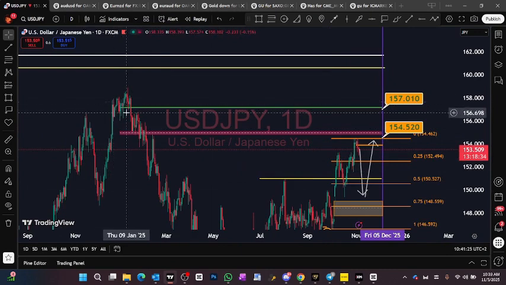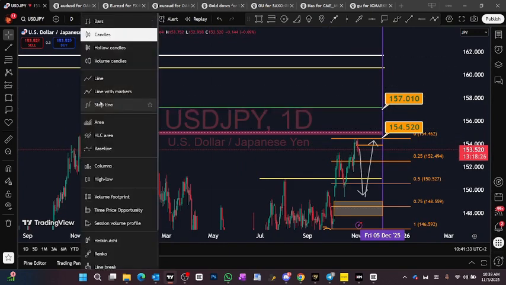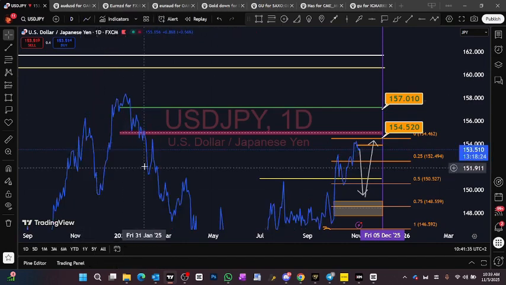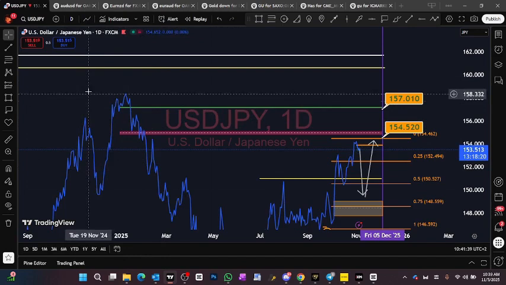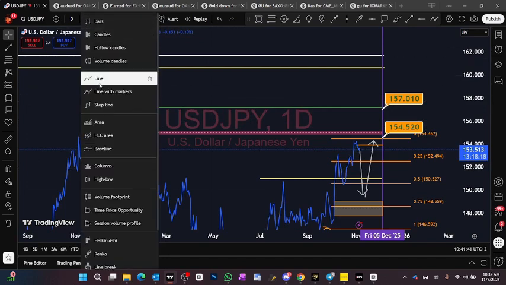As you can see, look at what was happening along this resistance, along this line. So that's what I'm saying. Let's go to this, just to show you under the line. You want to change it to line.